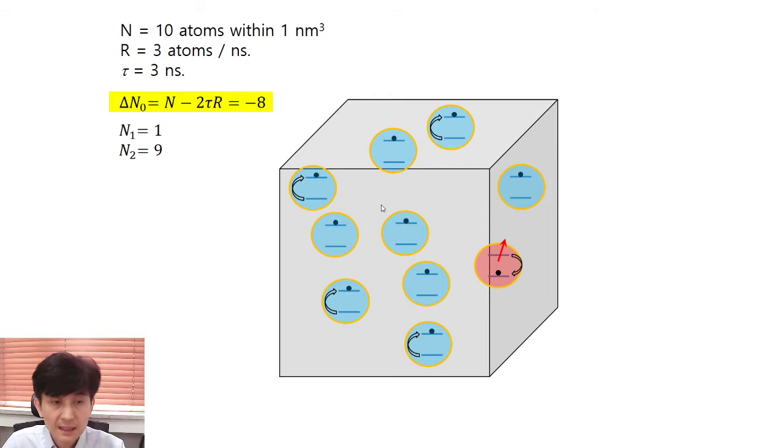So we have 9 excited state atoms out of 10 total number of atoms within this cube, and we have 1 ground state atom. By increasing the pumping rate from 1 to 3, we have this situation. So that means the population inversion is increased in magnitude to minus 8.